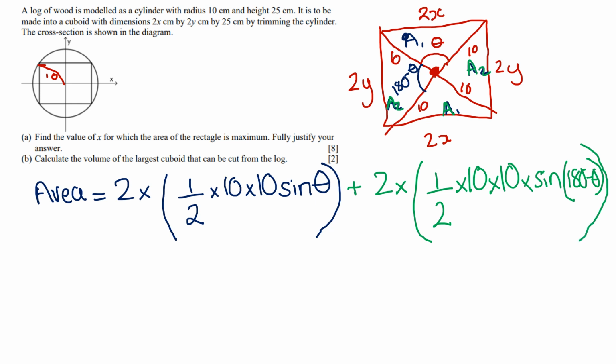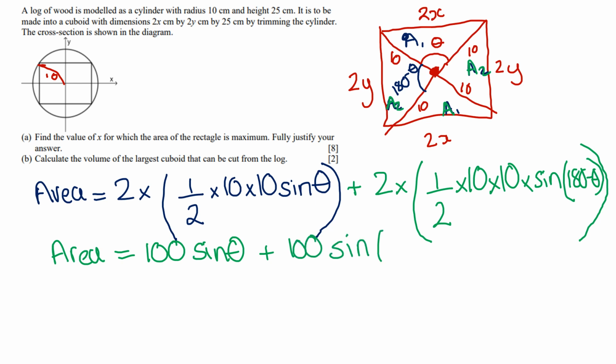So you can neaten that up a little bit: 100 sine theta plus 100 sine (180 minus theta). Right, we want to find the maximum area of this rectangle.